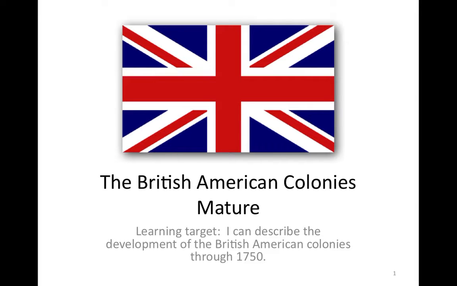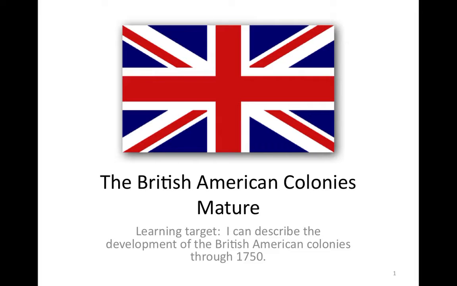How did the colonies develop? How did New England and Virginia lead to more colonies in those two regions, and how did those colonies develop differently? I'll also talk a bit about another colonial region that is settled in the late 1600s and early 1700s, and that's the so-called middle colonies.